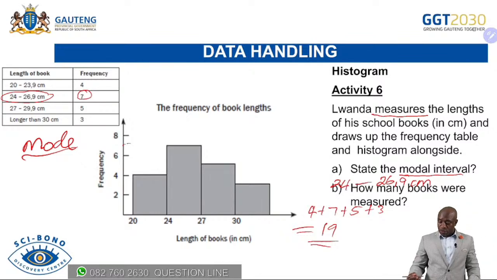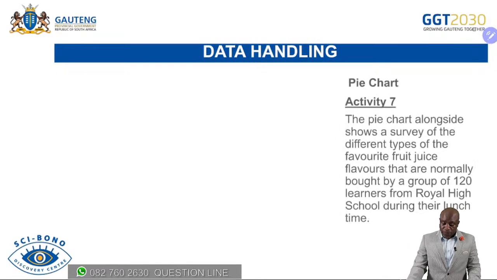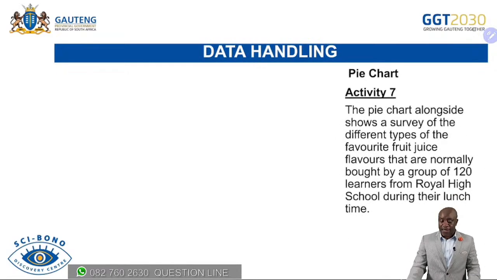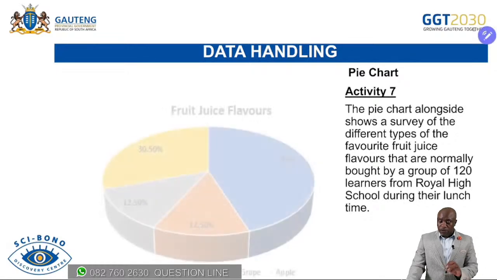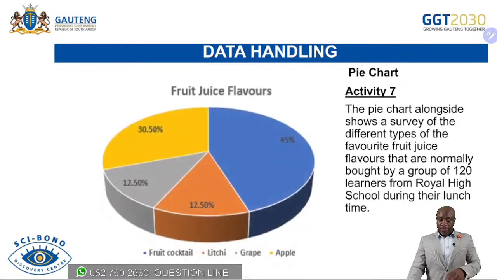Now, let's go to the next graph, rather, not the bar graph. The next graph is a pie chart. Pie charts are very useful to display data in a pictorial form, and they give us even more. Now, this is the context.